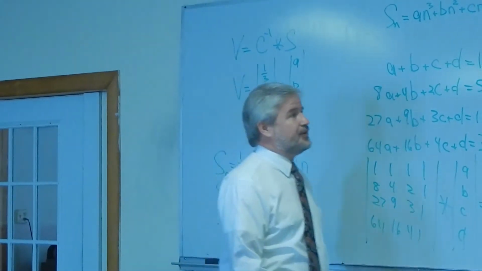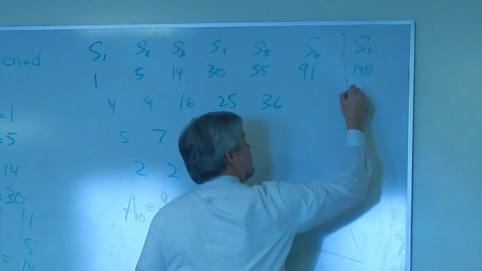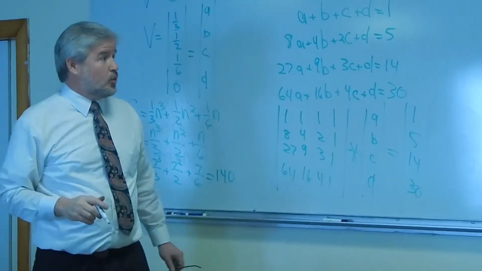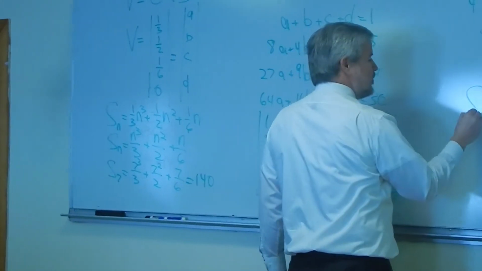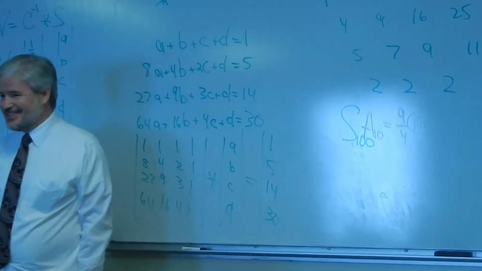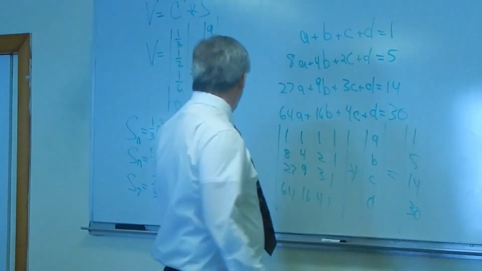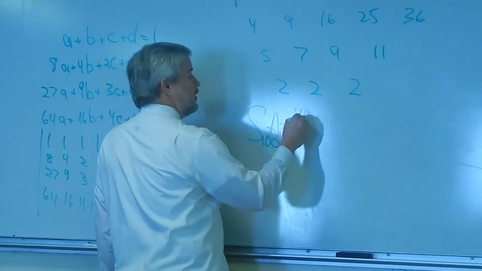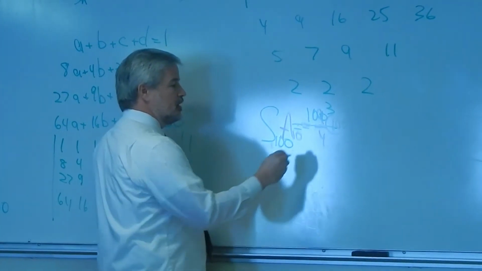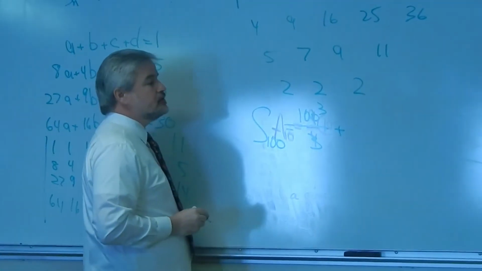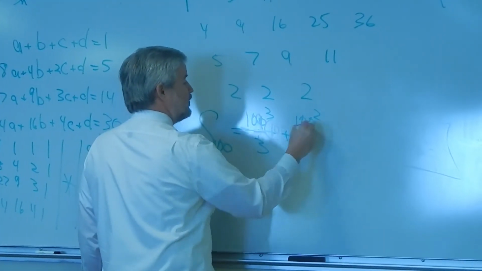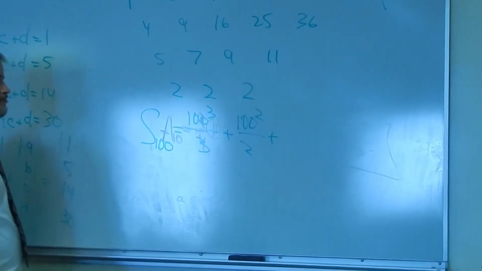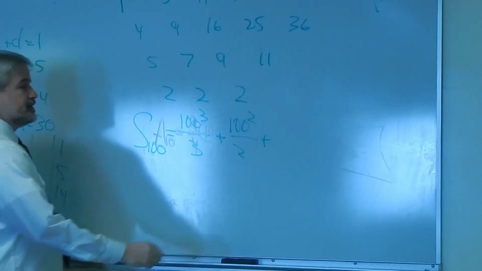And 140, we look over here, is in fact what we came up with: the sum of the first 7 squares. Now my original question for you was what's the sum of the first 100 squares? So it's going to be 100 cubed over 3 plus 100 squared over 2 plus 100 over 6.